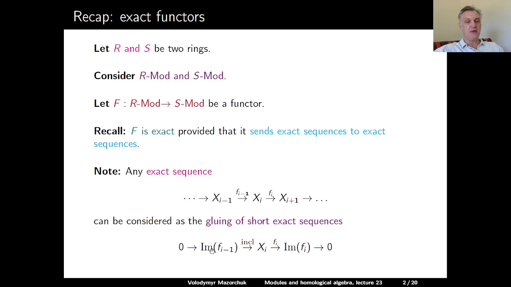So we take the image of f_{i-1}, which coincides with the kernel of f_i, we include it into X_i, and then we have the map f_i, which sends X_i to the image of f_i. And this is a short exact sequence because the original sequence is exact.